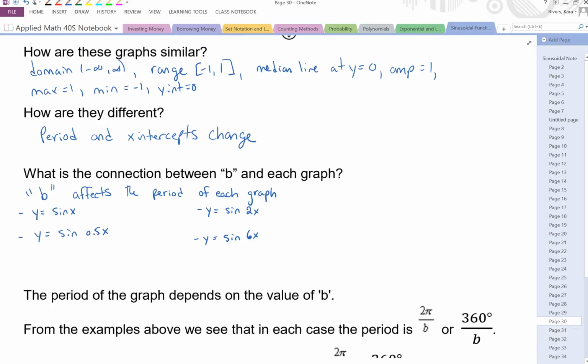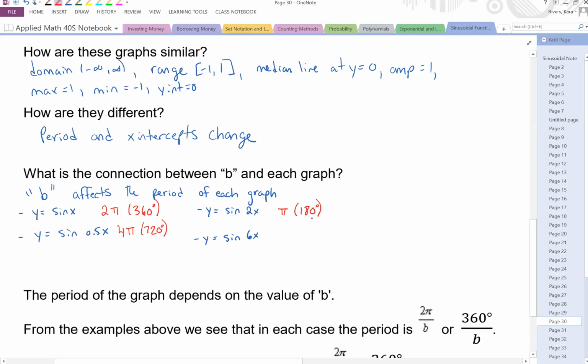So if we look at each of our 4 graphs separately, when we looked at y equals sine x, the period is 2 pi, or 360 degrees. When we looked at y equals sine of 0.5x, the period was then 4 pi, or 720 degrees. For y equals sine of 2x, the period was pi, or 180 degrees.